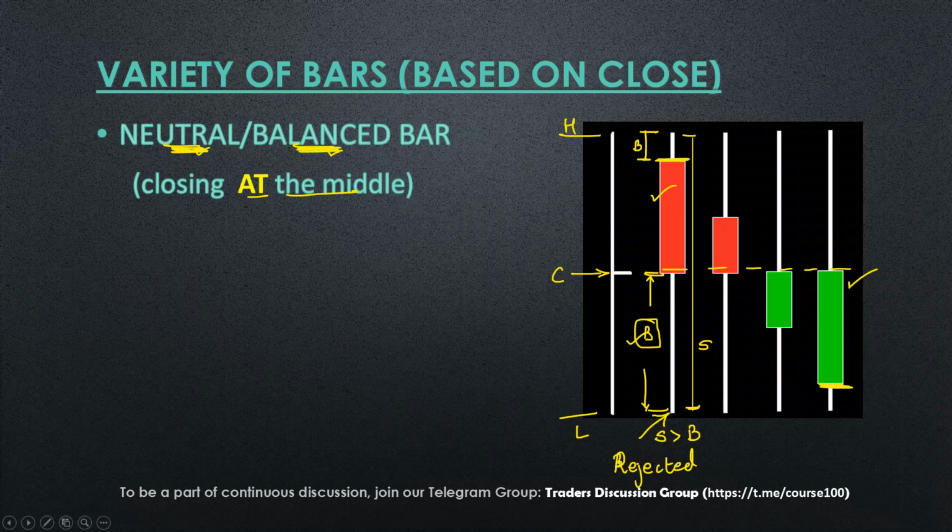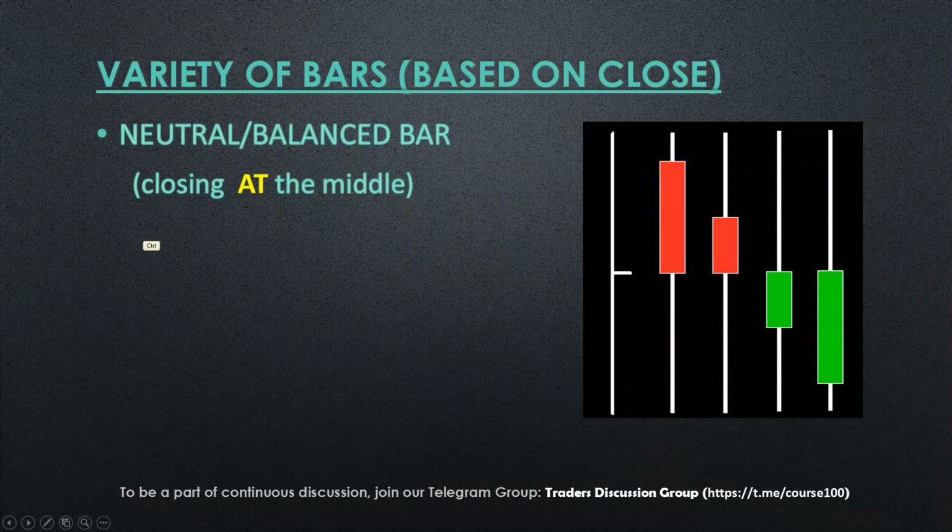But when we add the context of volume, we will get a better idea whether the neutral bar is more inclined towards the bulls or towards the bears. So that's your third type.